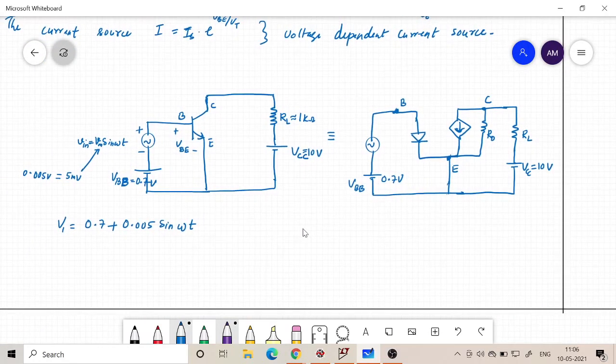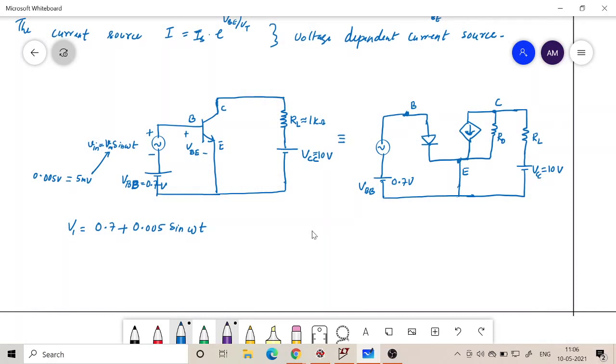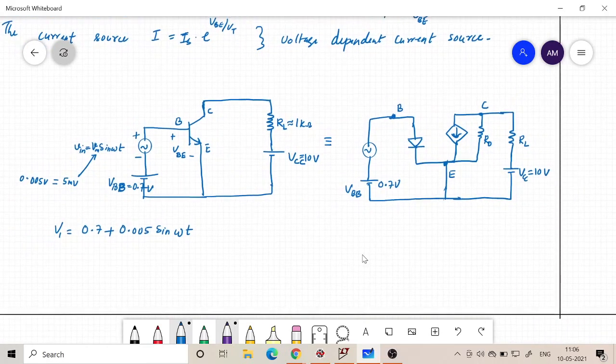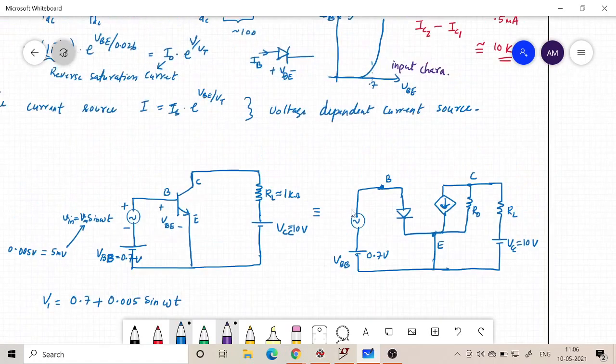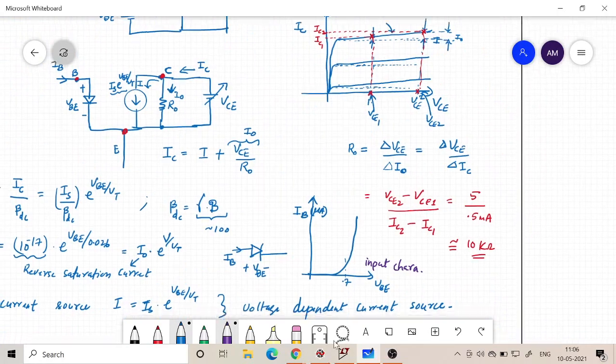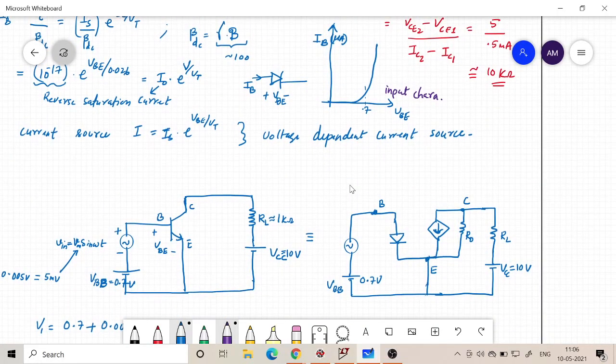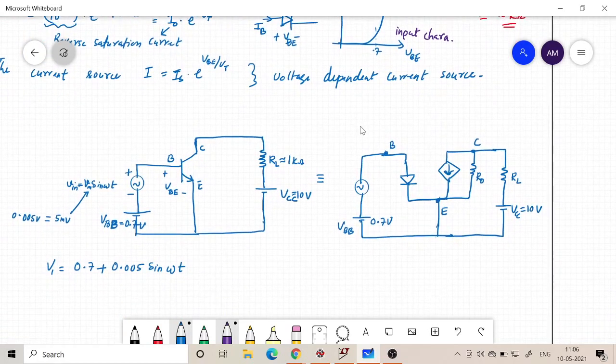Suppose we are giving this voltage like this. If you want to find out how the amplification is going to happen, one way to look at it is to approximate. The simple way is to ignore this output resistance, that is the slope, and then we can quickly find out the output voltage.